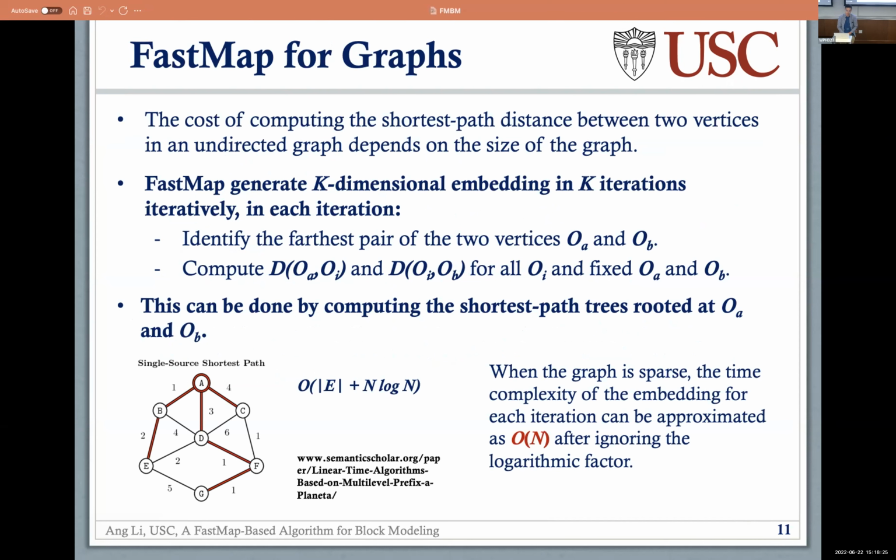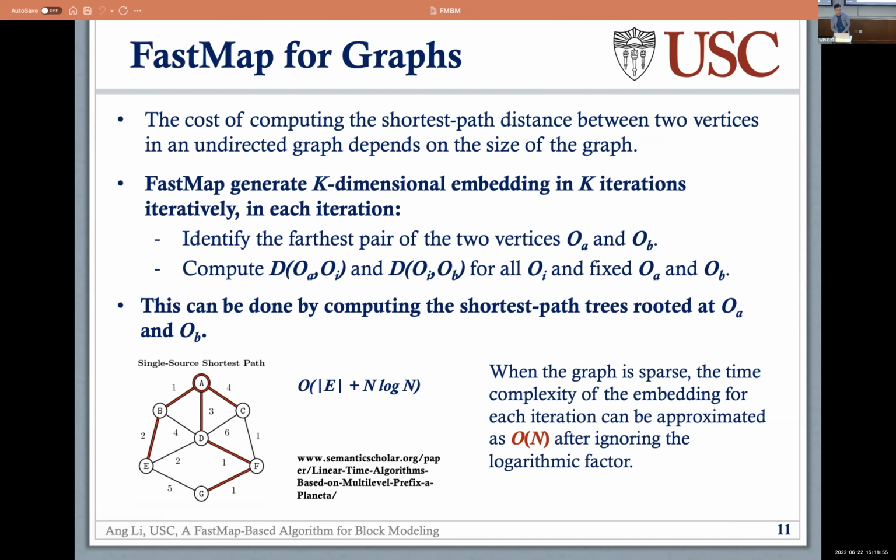Let me give you an example of the shortest path distances. The definition of the shortest path distance is very simple. The cost of computing the shortest path distance between two vertices in an undirected graph will depend on the size of the graph. So how can we achieve the embedding in near linear time? Let me first give you a high-level picture of how FastMap does the embedding.